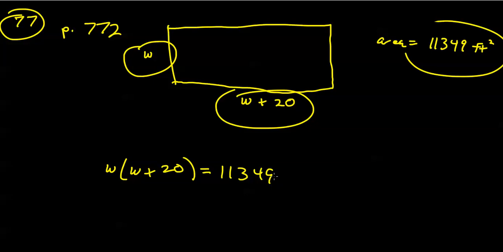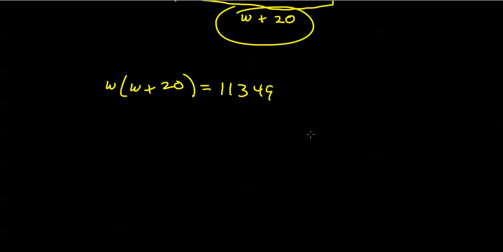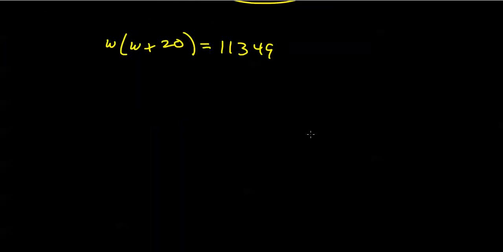So there's a setup, and I'll clearly get an equation of degree 2 out of this. I want to solve for the dimensions of the rectangle. So if I multiply things out and subtract 11349 to get things in standard form, here's what my degree 2 equation would look like.